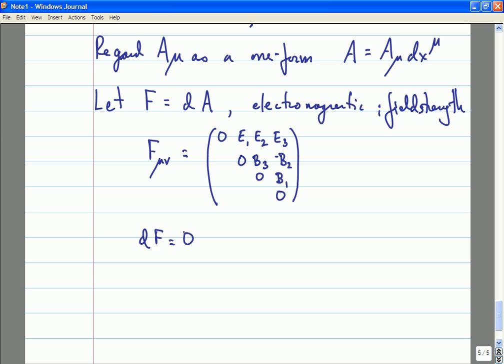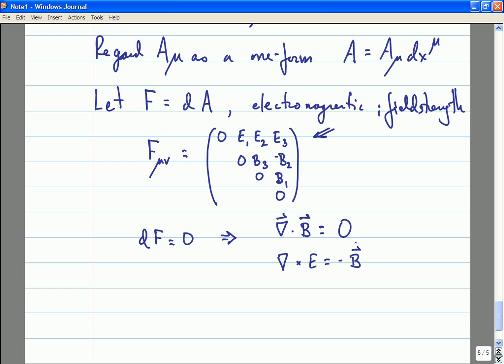If you stare at the components, you can quickly work out exactly what this means in component notation. In Cartesian space, in flat coordinates, this would be the equations which say that the divergence, in the sense of vector calculus, of the B field is equal to 0, and the curl of the electric field is equal to minus the time derivative of the B field.